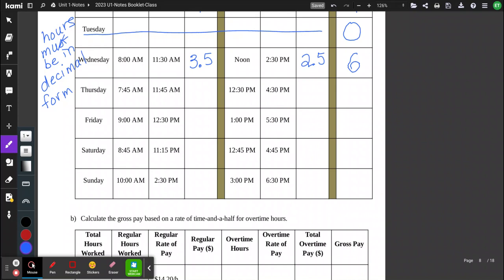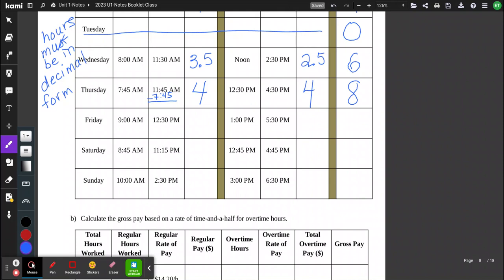Again, you're going to take the ending time and subtract the starting time. And that's going to give us exactly 4 hours. Then we're going 12:30 to 4:30. That's another 4 hours exactly. So we get a total of 8 hours that they worked that day.